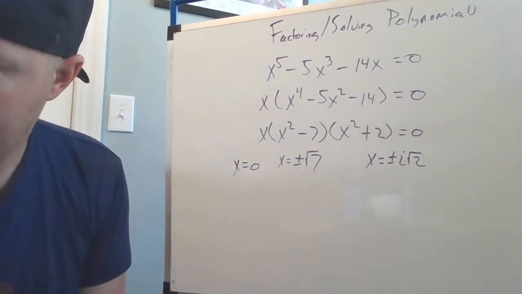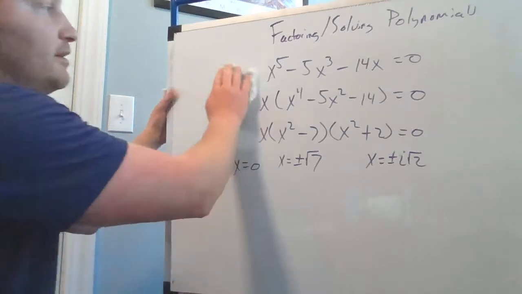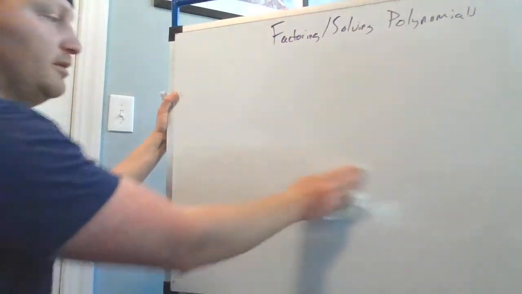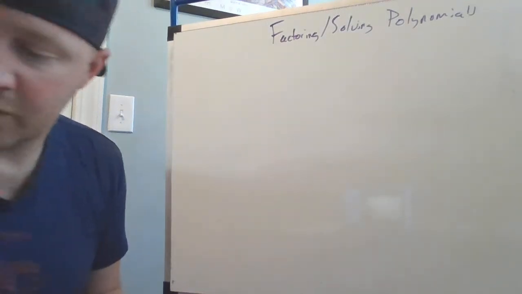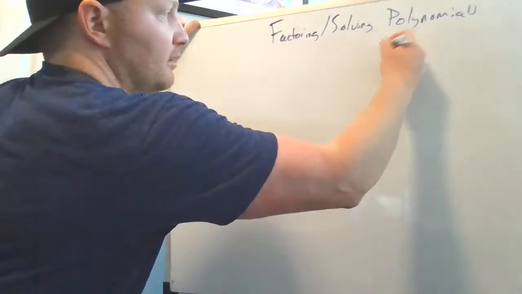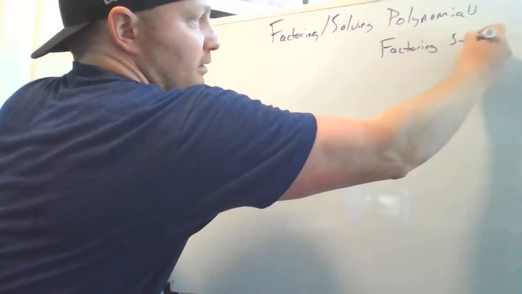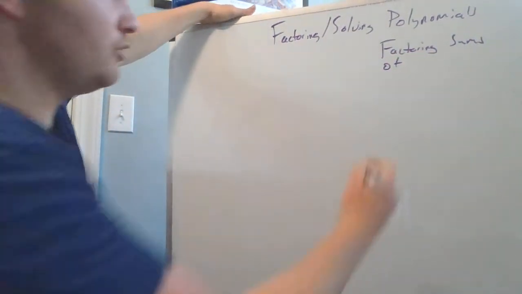All right, last but not least, something you have not seen yet, but we gotta go over so you get the hang of this. Start easy and then eventually get a little more challenging. What you're gonna see today. What you have to know are 2 things. Factoring sums of cubes.